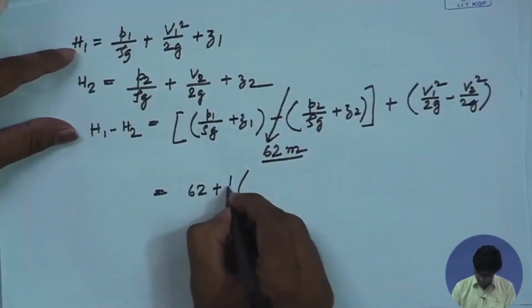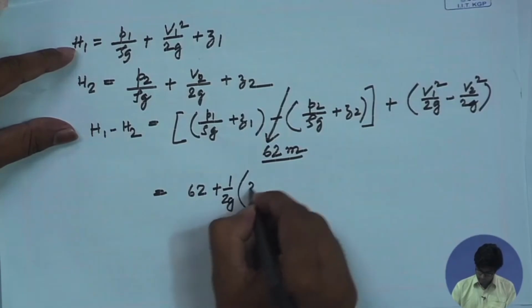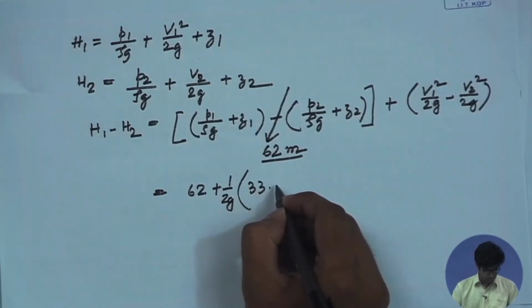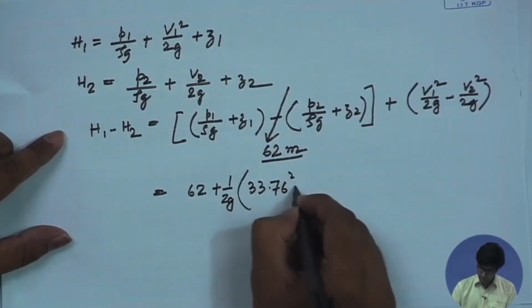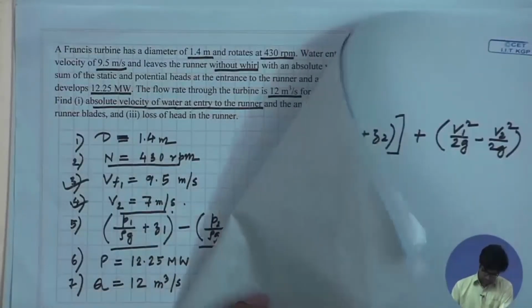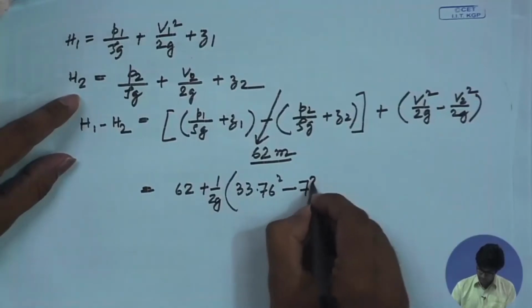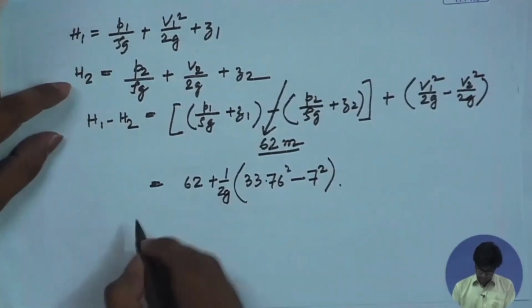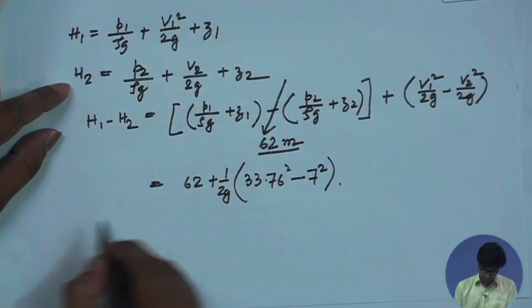So, 33.76 square minus V2 value is 7, so 7 square. So, we get the value of H1 minus H2.